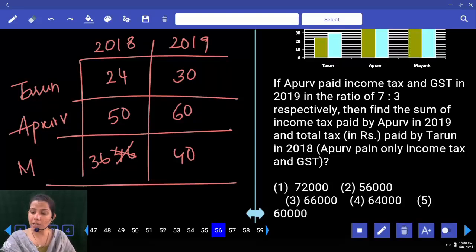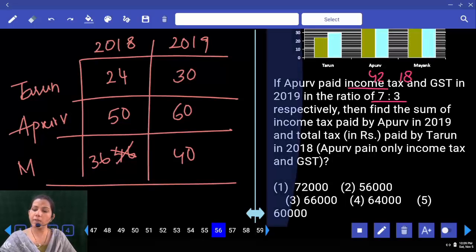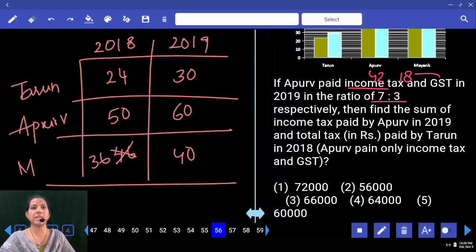So what is 7:3? It is 2019 Apurva information. What is total Apurva 2019 value? 60. That 60 is distributed in the ratio 7:3. 10 parts value 60, 1 part value 6. Then 7 6s are 42 and 3 6s are 18. Income tax value 42 and GST is equal to 18.